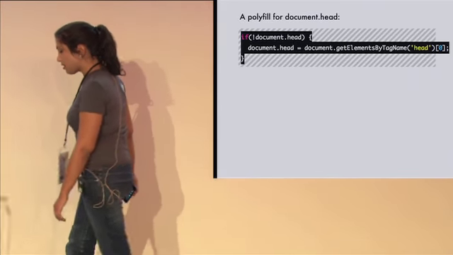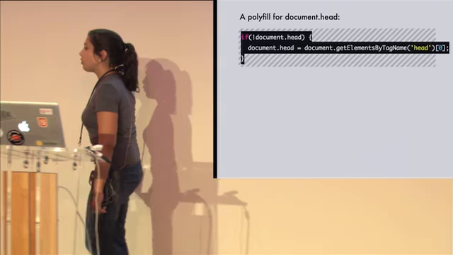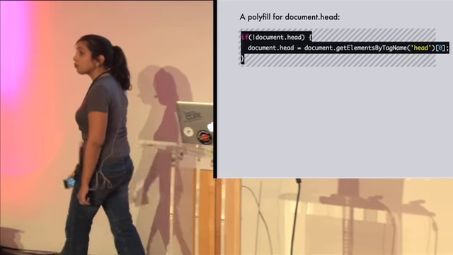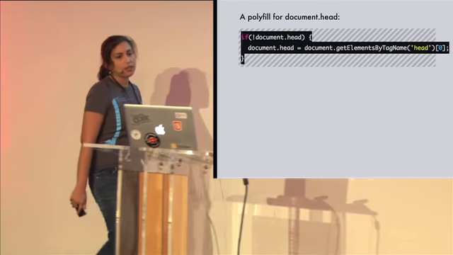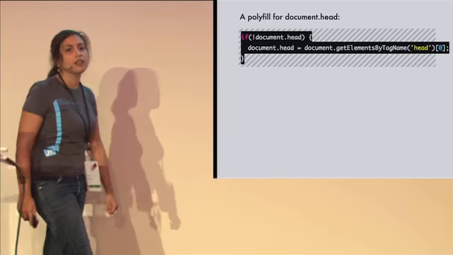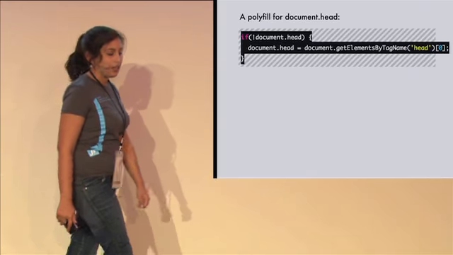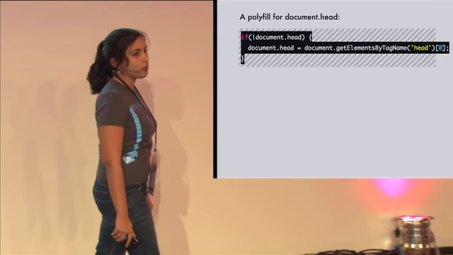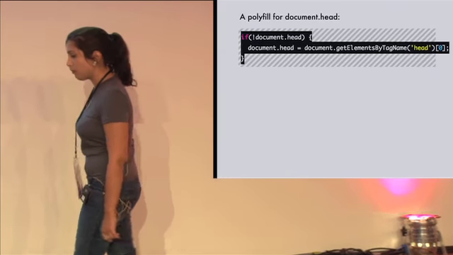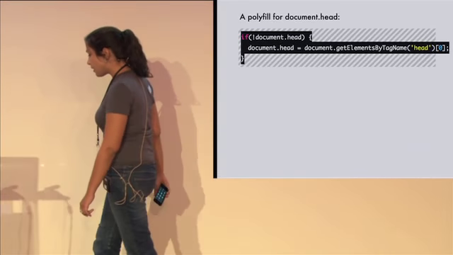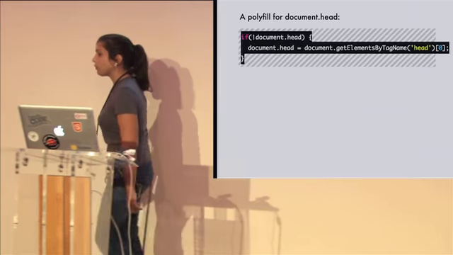A case that's quite tempting to go overboard is a polyfill for document.head. How many of you actually have used document.head? It's the same thing as document.body, but it refers to the head element. It's an HTML5 thing, and it seems that it's really easy to create a polyfill for it.